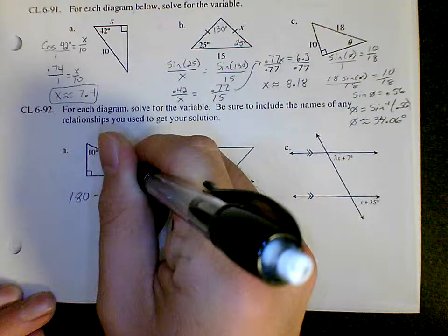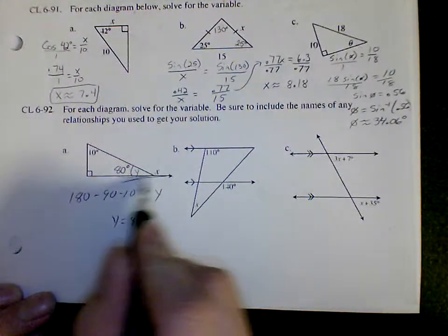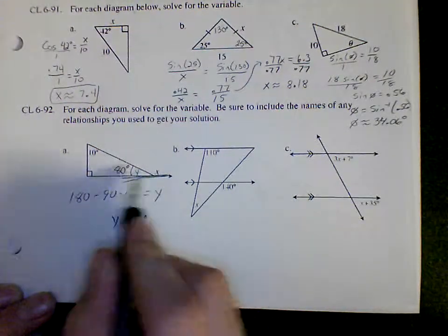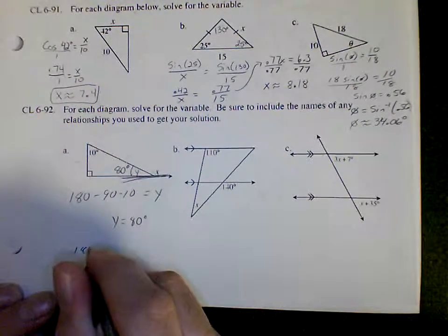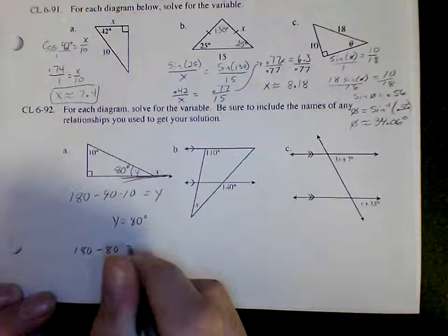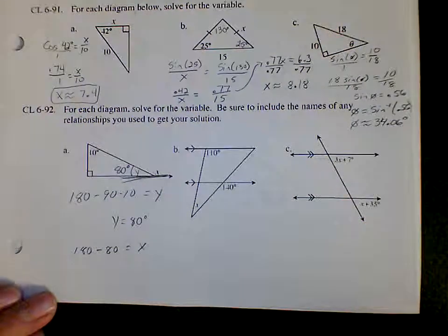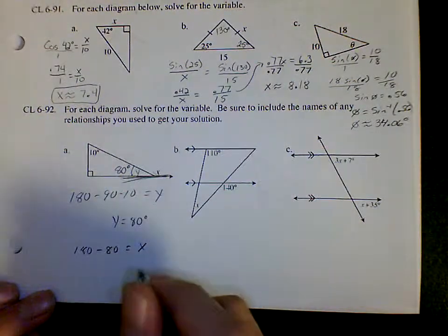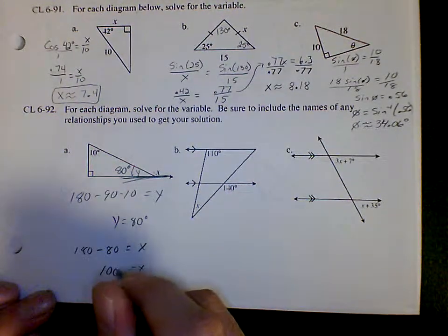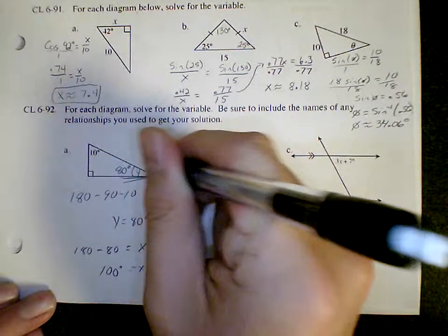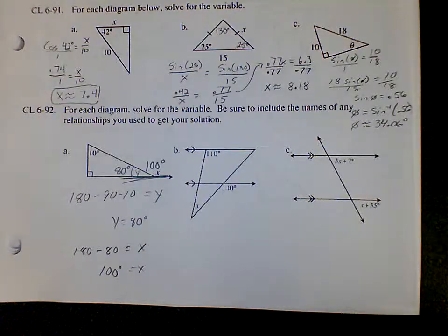So I know this has to be 80 degrees. And if these two make up a line, they're supplementary. So then I have to do 180 minus 80, and that will give me x. And that would be 100 degrees. So x is going to equal 100 degrees.